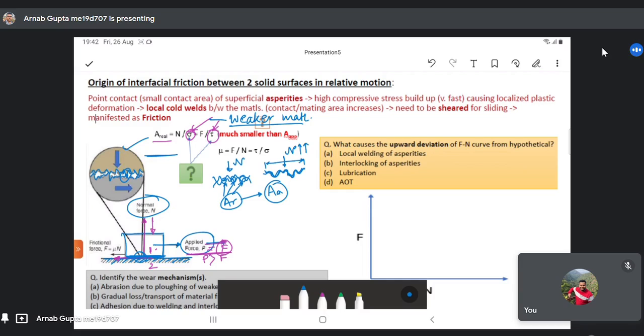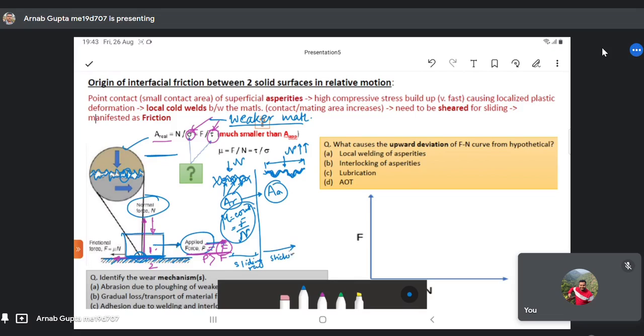So what change in the coefficient of friction will you notice here? Initially, the coefficient of friction can be considered to be a constant, equal to F by N. Initially it was constant, but this particular zone can be termed as the sliding zone, and this particular zone can be termed as the sticking zone.